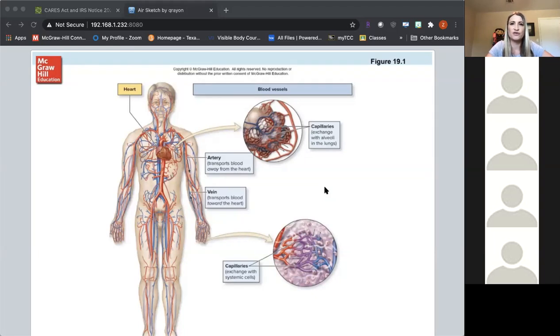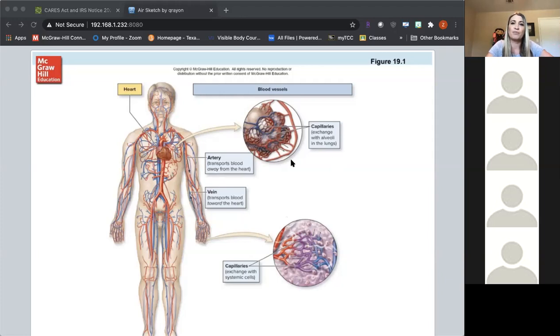The main function of the cardiovascular system is to make sure that our blood continues to circulate throughout our body. We use this term known as adequate perfusion. So the function of the cardiovascular system is to establish adequate perfusion. The word adequate means sufficient, so it is enough.